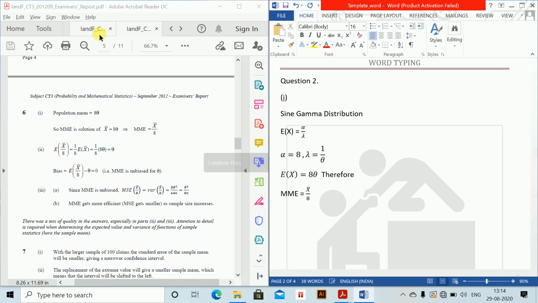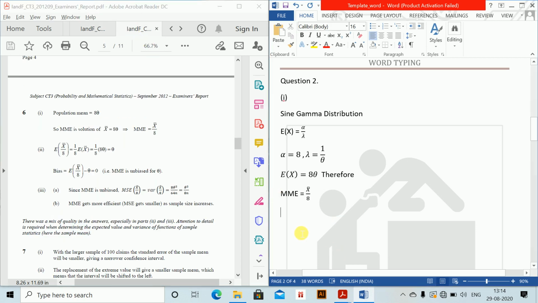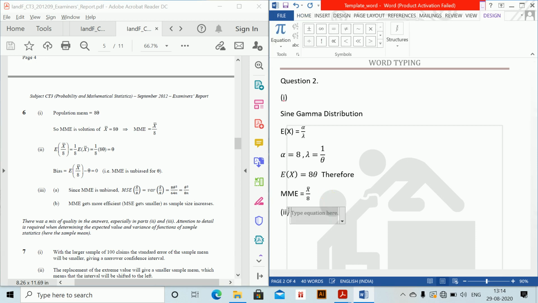Okay, coming to second part, find the bias of MME determined in part 1. So we need to find the bias. So part 2. Bias is the expectation of x bar divided by 8 minus theta. If this is equals to 0, it is unbiased, otherwise we have to find the biased estimator.